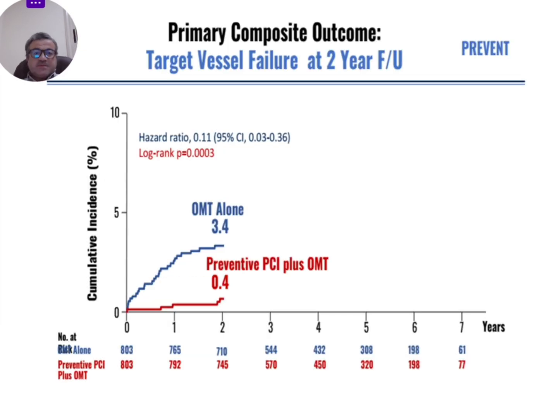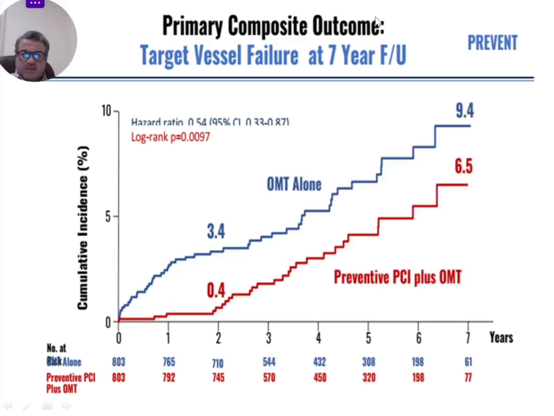As we see here in the curves, for the primary composite outcome, target vessel failure at 2 years, the two lines are widely separated from the start, the first days of follow-up. As we see in this curve, we continued follow-up of these patients after 2 years until 7 years.